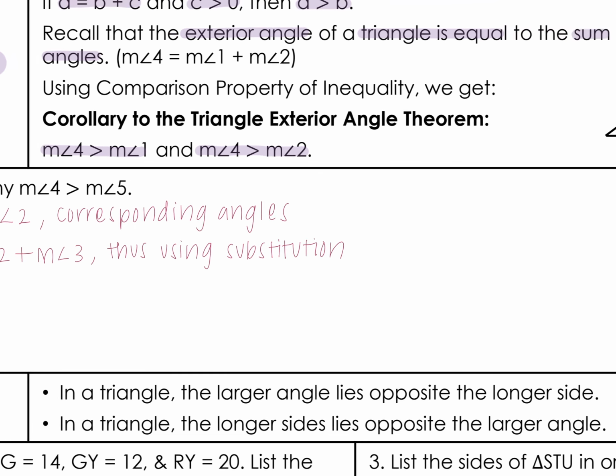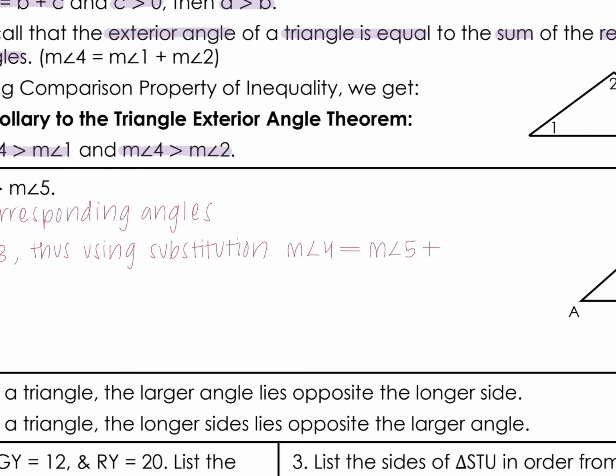And we would get that the measure of angle 4 is equal to the measure of angle 5 plus the measure of angle 3.